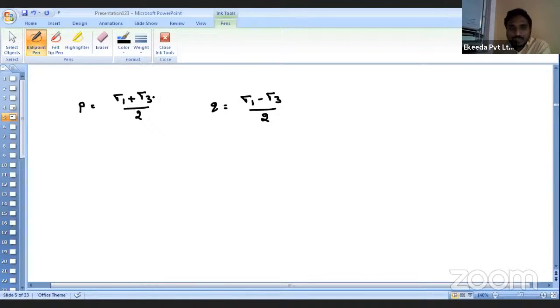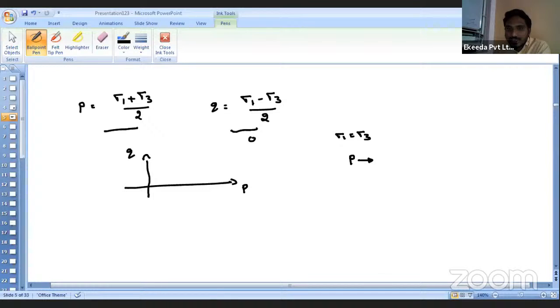If sigma 1 equal to sigma 3, then the magnitude of Q is equal to 0. But the magnitude of P will definitely have some value. Q represents the y ordinate, and P represents the x ordinate. So if sigma 1 equal to sigma 3, Q, the y ordinate, will be equal to 0, but there will be some magnitude P along the x-axis. Then the curve will start from somewhere like this. This is what happens when sigma 1 equal to sigma 3.